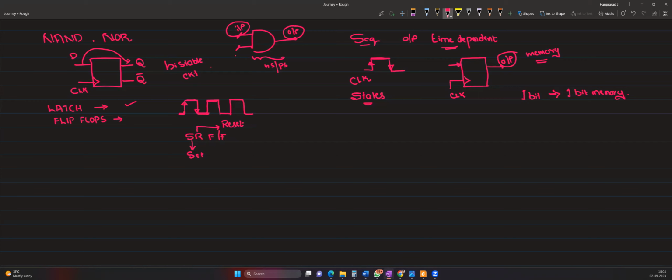Symbolically, we represent it as having S as an input, R as an input, and also a clock, and we also have the Q and Q bar bistable outputs.